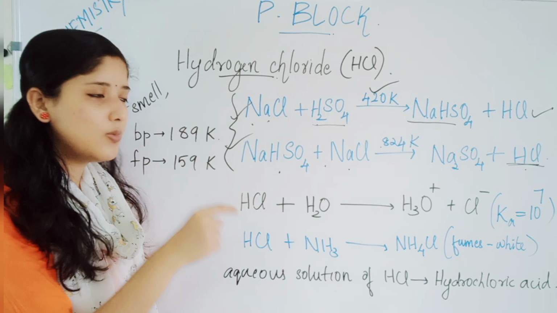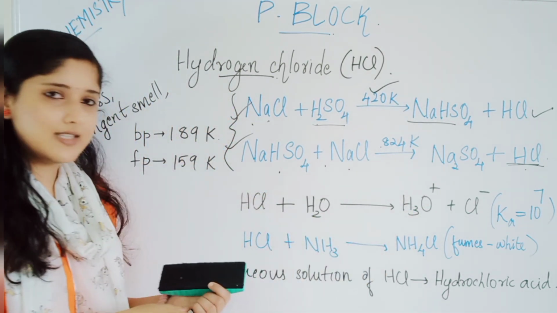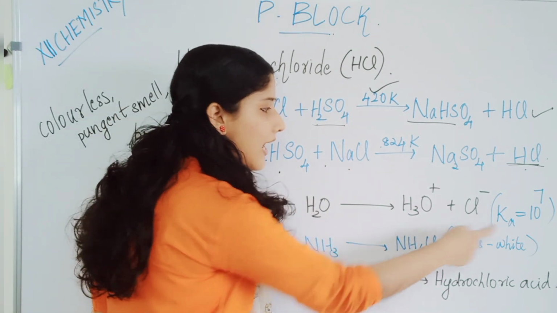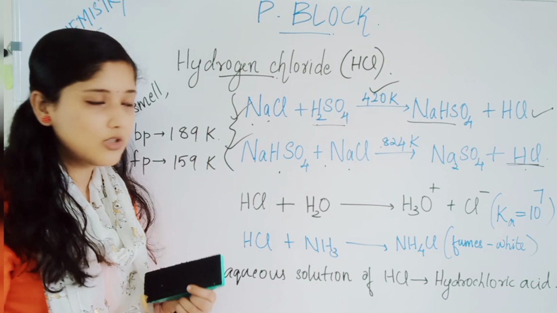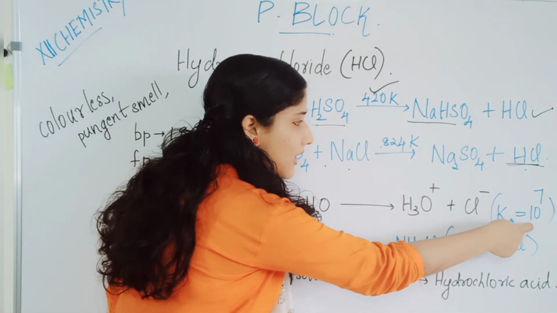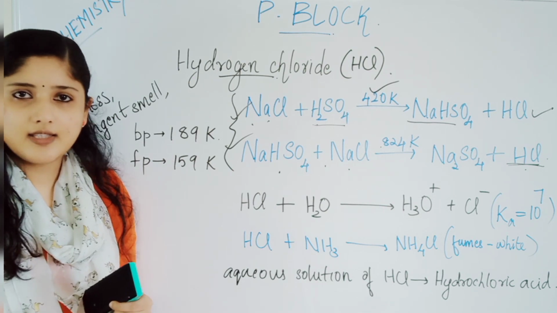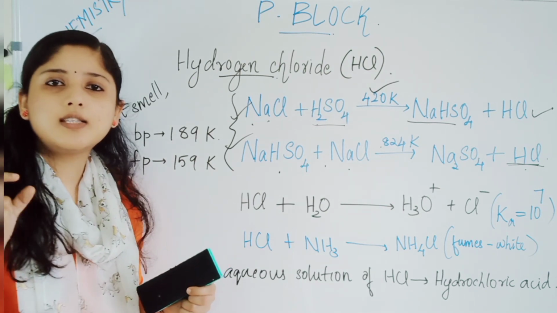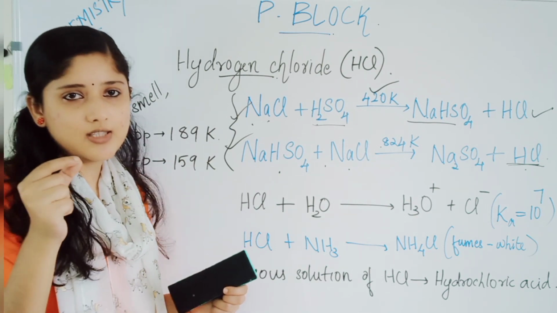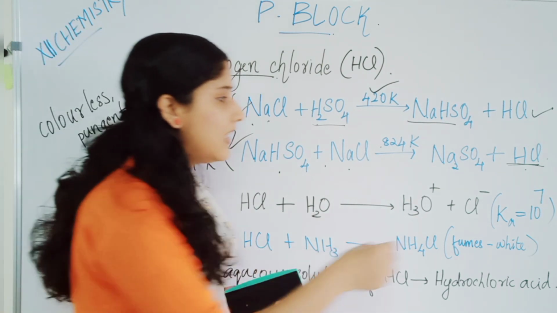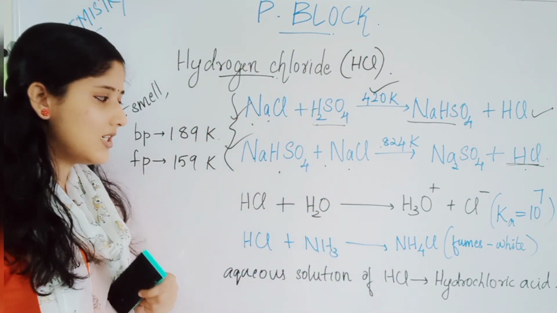You can see here the Ka value, the acid dissociation constant Ka, is 10 raised to 7. You already know about pKa and Ka. When Ka increases, acidity increases. Similarly, when pKa increases, acidity decreases. Here the Ka value is very high, so HCl is highly acidic in nature.